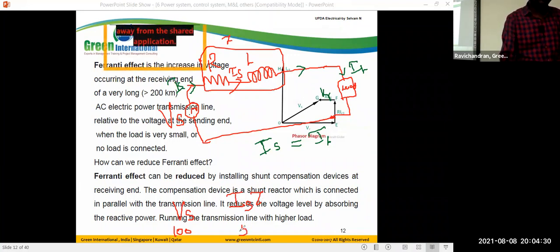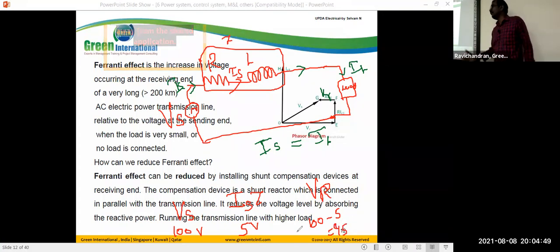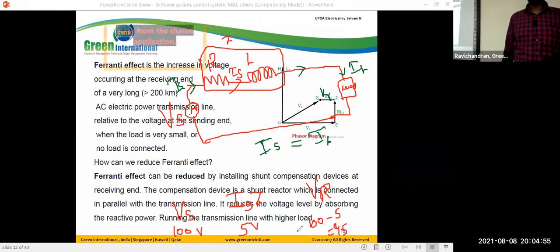Assume that it is 5 volts. So what is the receiving end voltage? It is 100 minus 5, which is equal to the receiving end voltage. We are getting only 95 because of the 5 volt drop in the inductance.